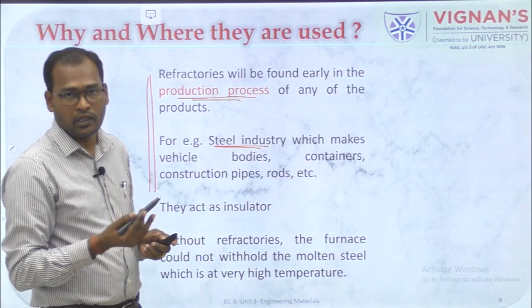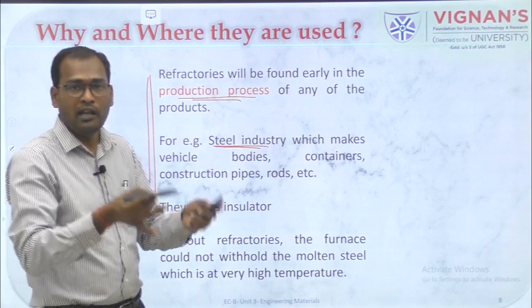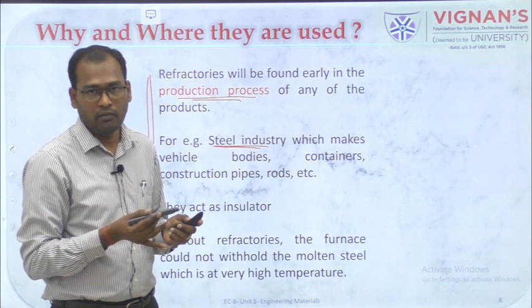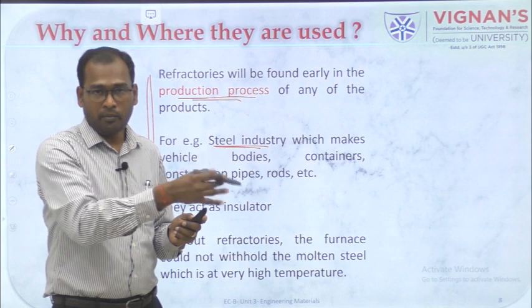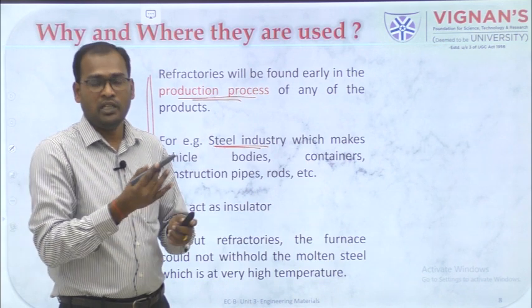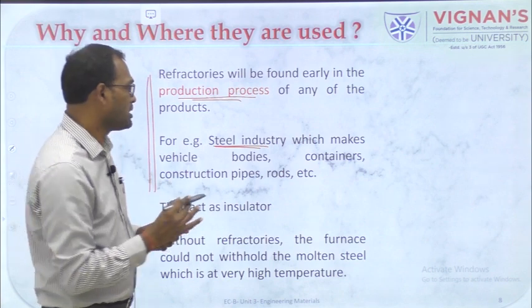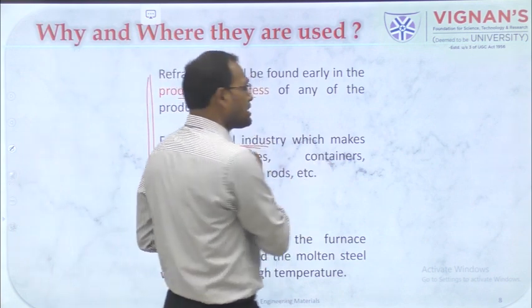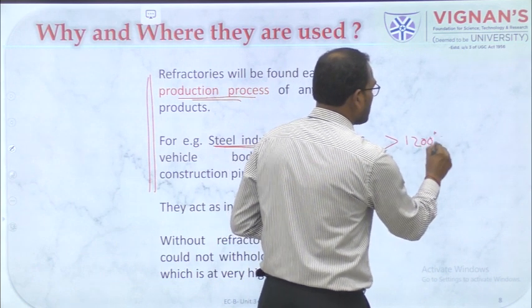That industry requires very high temperature to melt the iron, cast iron, so that it goes into the liquid form, and they will add other metals to it and form the alloy. The usual temperature at which this cast iron melts will be above 1200 degrees Celsius.